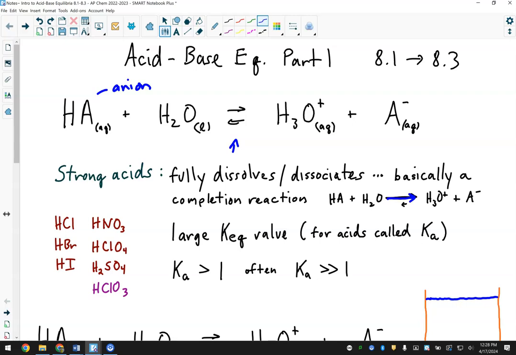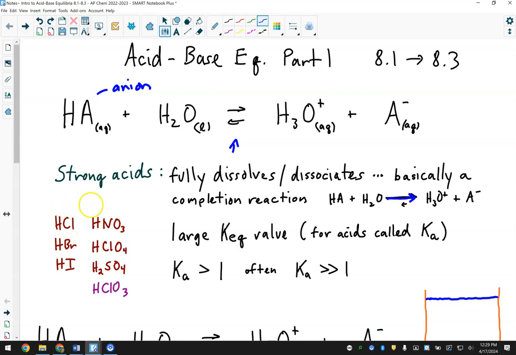But in a sense, this has a large K value, a large Keq, and when the species is an acid, we call it Ka, just like we called it Kc or Kp. When you write the equilibrium constant for an acid, it's called Ka. And for strong acids and bases, the Ka is greater than 1, and very often much greater than 1. For some of these acids, the K value is 1,000,000, 10 to the 6th. Okay?